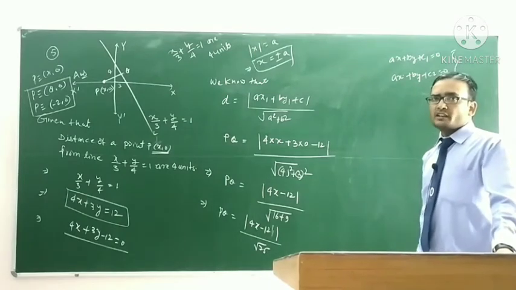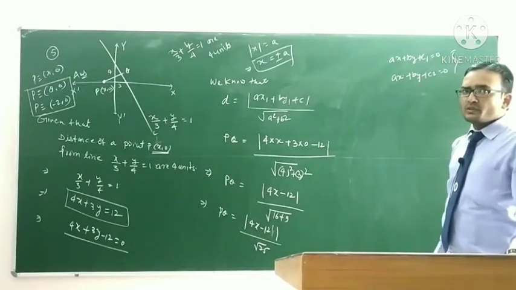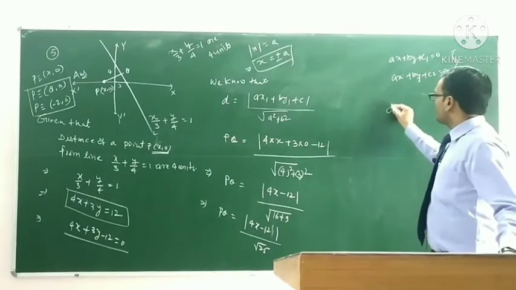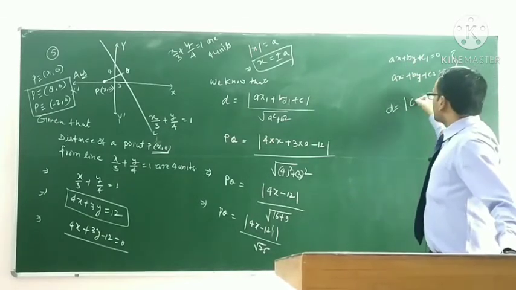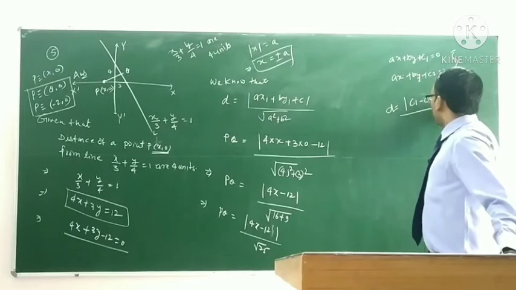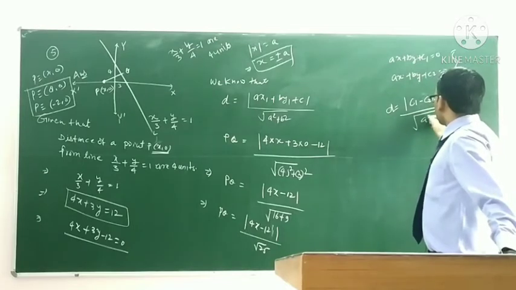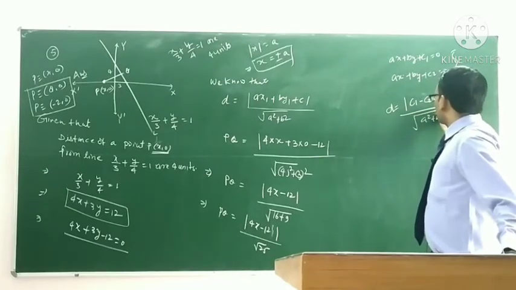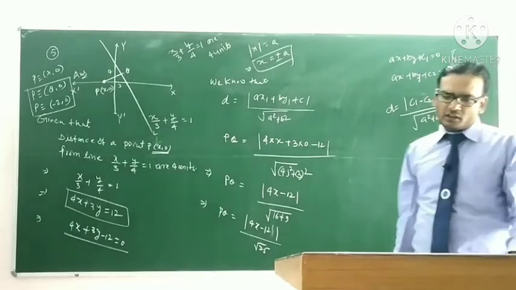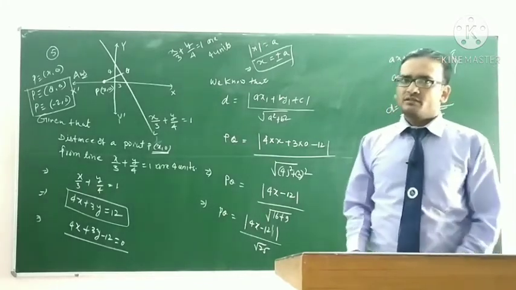Then the distance between two parallel lines is d equal to mod of c1 minus c2 upon square root a square plus b square. Using this formula, we solve question number 6. Okay, students.